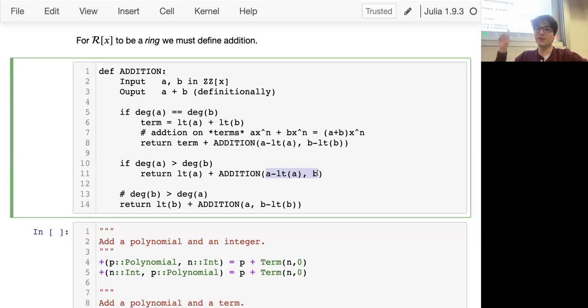No. So what are the only operations on the polynomial that I'm using? No, that's the term stuff. So what operations on polynomials are being invoked here? What functions are invoked on A or B? Degree, leading term. And if you have the leading term, do you have the degree? Really, all we need is leading term.